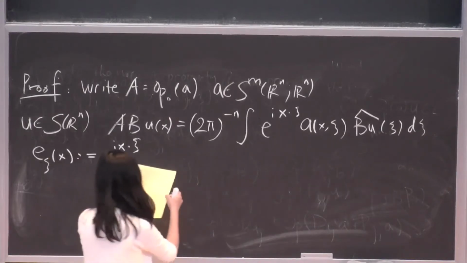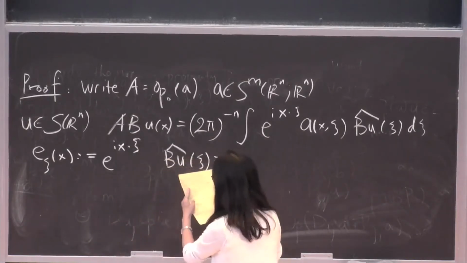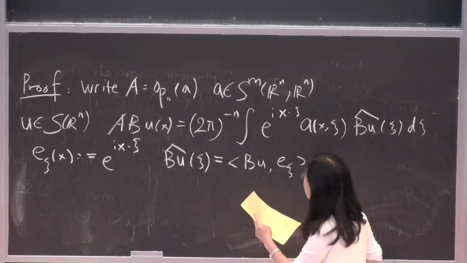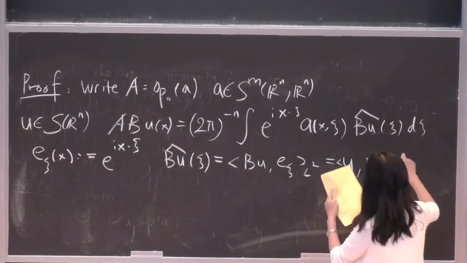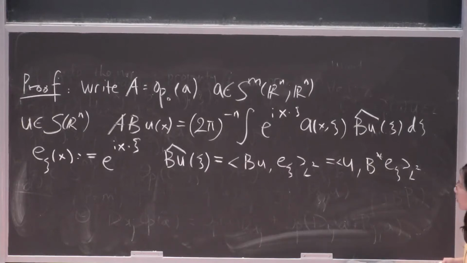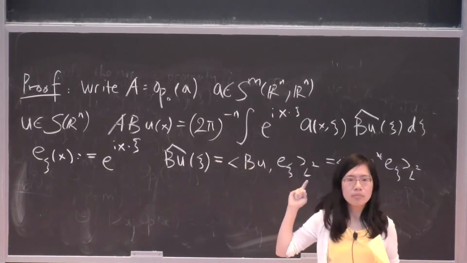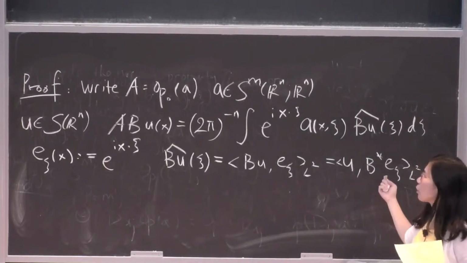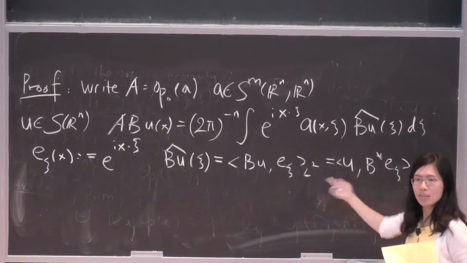We have the following: the Fourier transform of Bu at ξ is given by the L2 product of Bu with E_ξ, and this is equal to the L2 product of u with B* E_ξ. This is really not much. It's just writing everything out using the Fourier transform acting on tempered distributions, and the second line is just using L2 duality. I haven't even defined B*; B* is defined by using this relation.